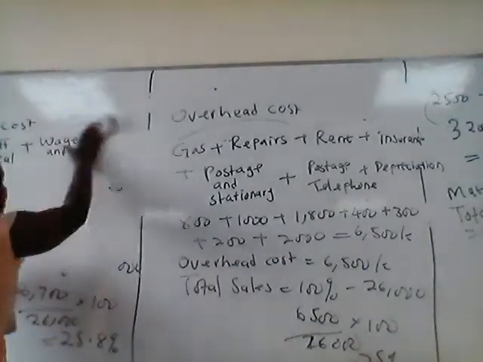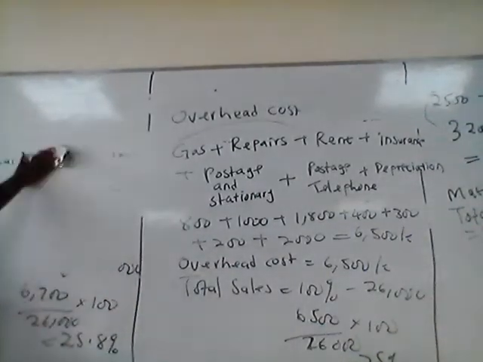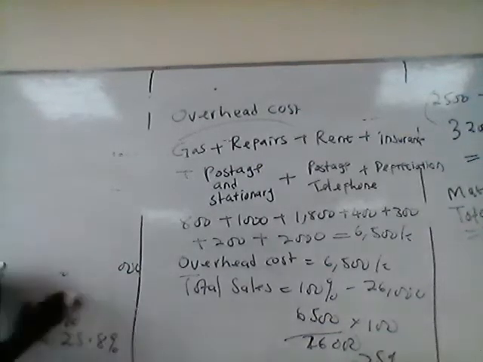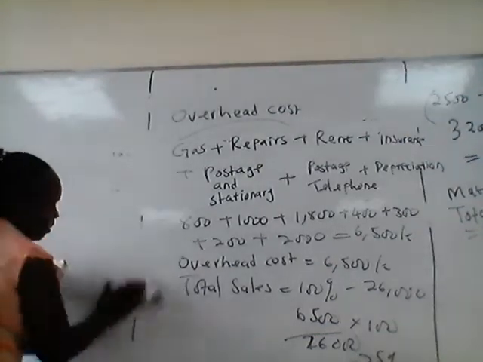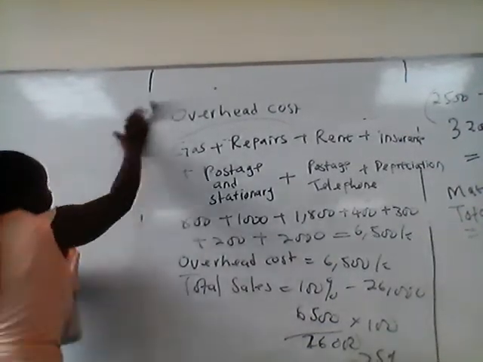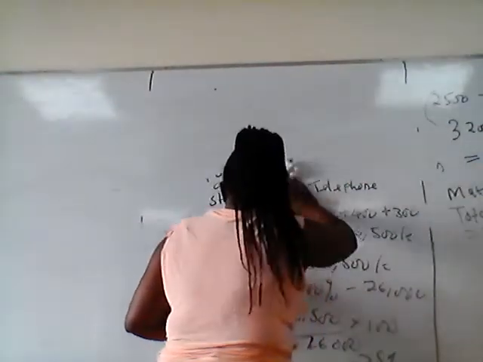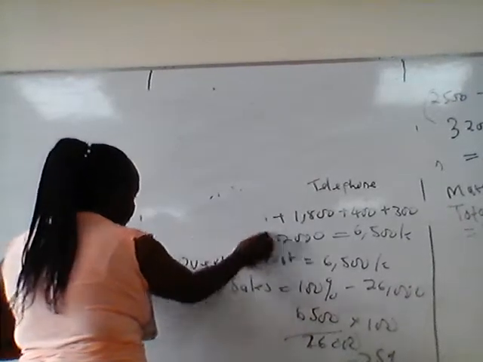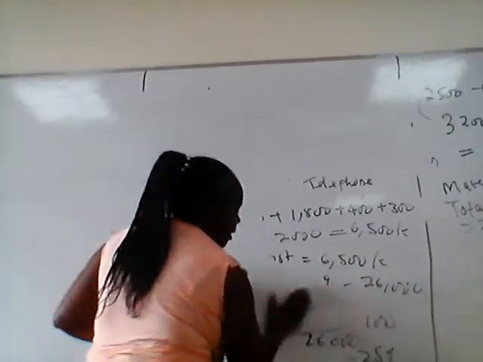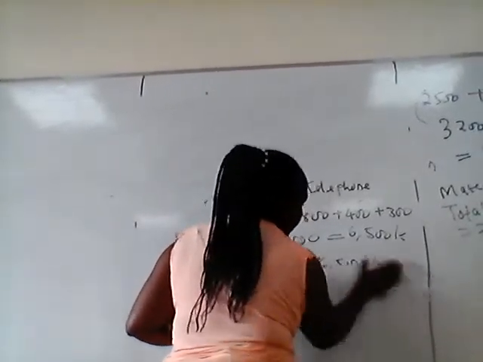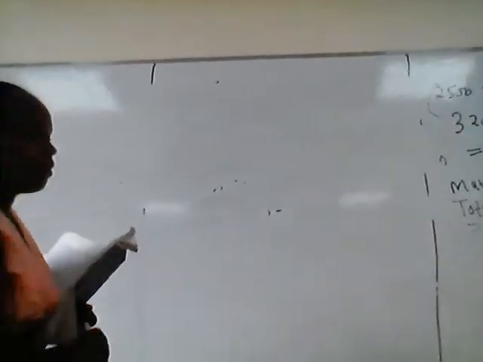Now there is something we said about the total cost. We said the total cost is equal to material cost plus labor cost plus overhead cost. Now number B says we calculate the gross profit. And how do we calculate the gross profit?